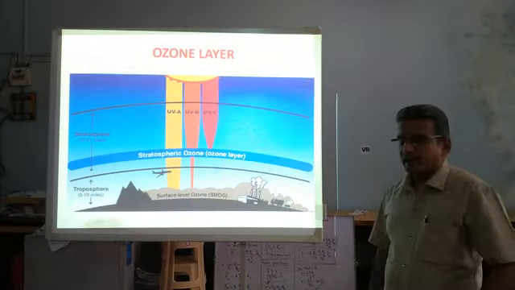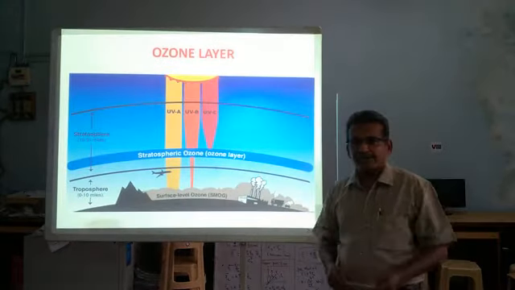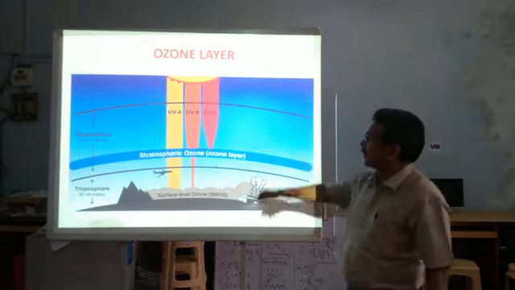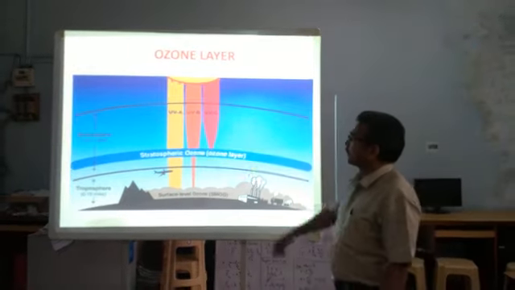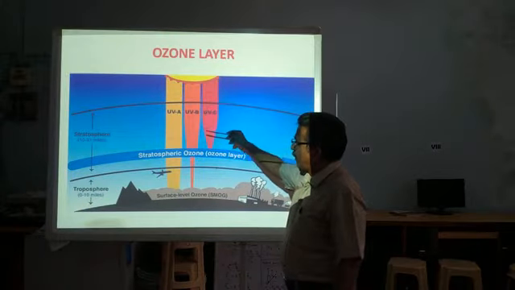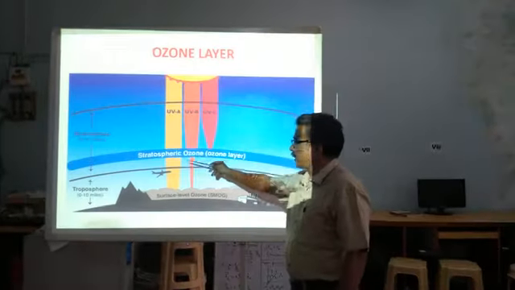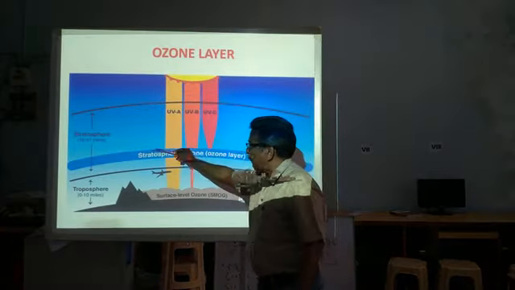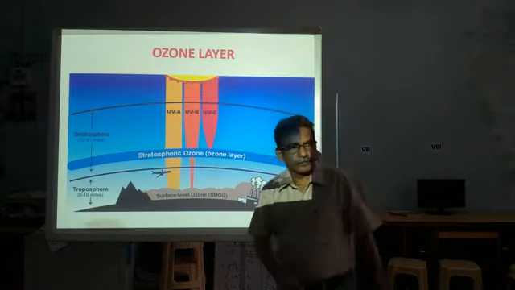See here, you can see a slide that very well illustrates what happens to the UV radiations that are present in the sunlight. So here there is a sun, and the sunlight is crossing through the stratosphere. At a particular part of the stratosphere, the ozone layer is there.